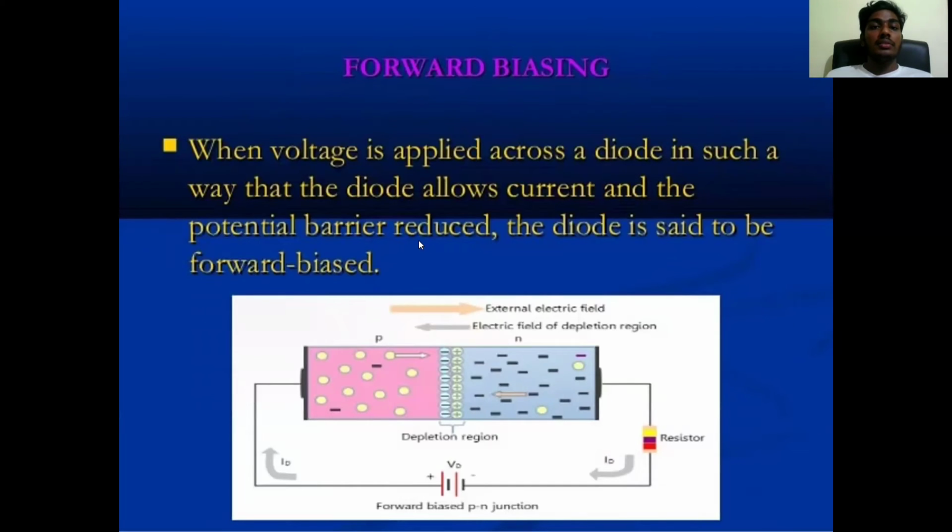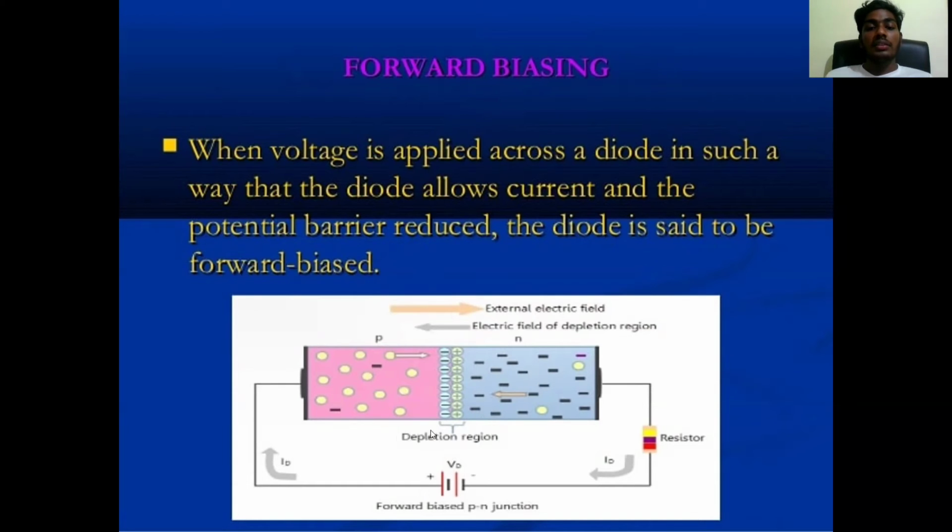Forward bias. When voltage is applied across a diode in such a way that the diode allows current and the potential barrier reduces, the diode is said to be forward biased. Here, in this way, putting a forward bias in PN junction, positive terminal is connected to the P type, negative terminal is connected to the N type.